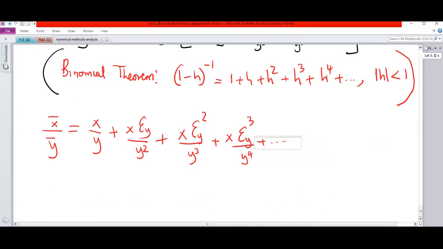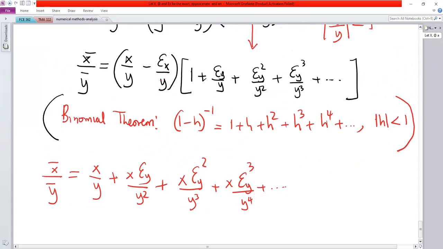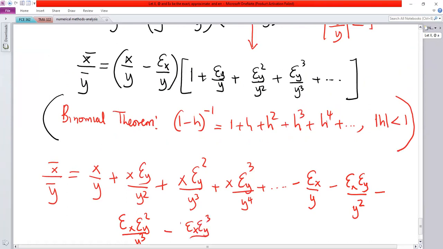And then, minus error in x over y times 1 is minus error in x over y, minus error in x times error in y divided by y times y is y squared, minus error in x times error in y squared over y squared times y is y power 3, minus error in x times error in y cubed divided by y power 4, minus other several terms.